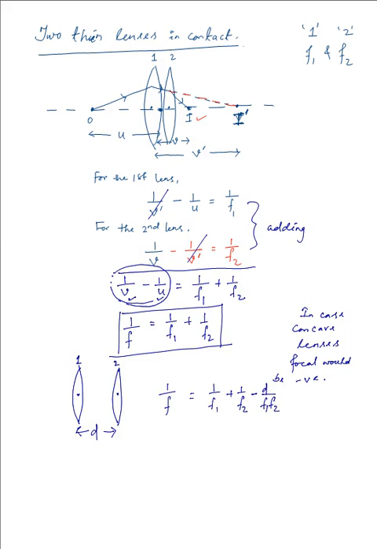That is the equation of the equivalent focal length of a system where the lenses are separated by a distance d.